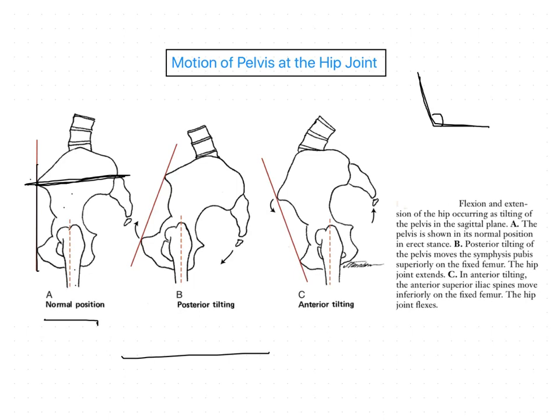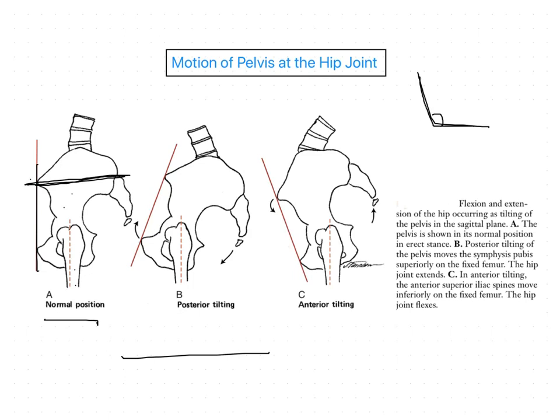This is the orientation of the normal pelvis when the person is in erect stance. In the horizontal way, the anterior superior iliac spine and the posterior superior iliac spine are horizontal, whereas this vertical line, which is almost straight, touches the anterior superior iliac spine and the pubic symphysis.